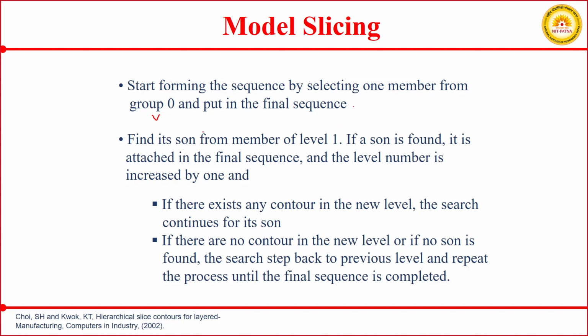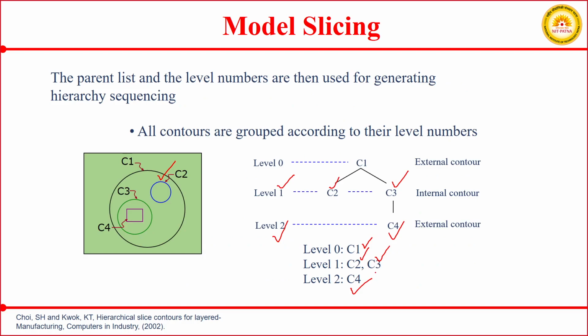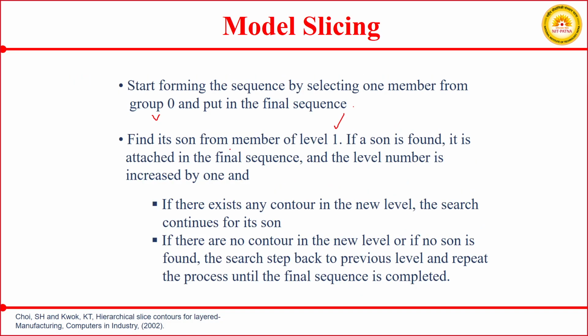Okay, we will try to discuss by taking one more better example. Find its son from the members of level 1. If a son is found, it is attached in the final sequence, then the level number is increased by 1. Like in the previous case, if I have found the son from the previous list, it is attached in the final sequence and the level number is increased by 1.